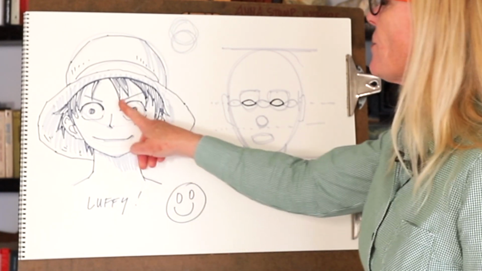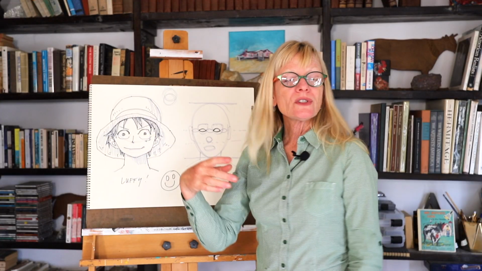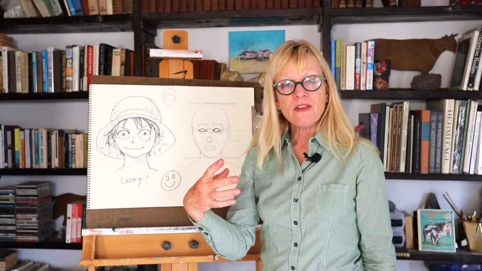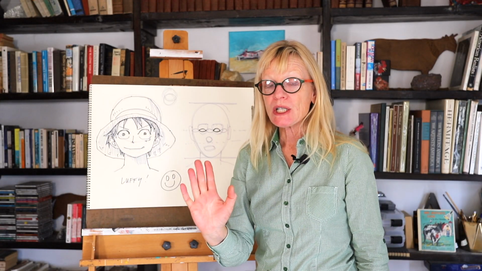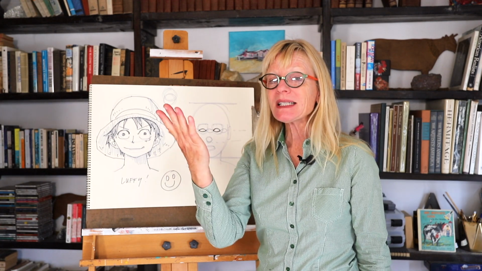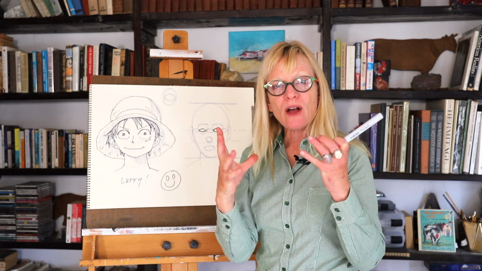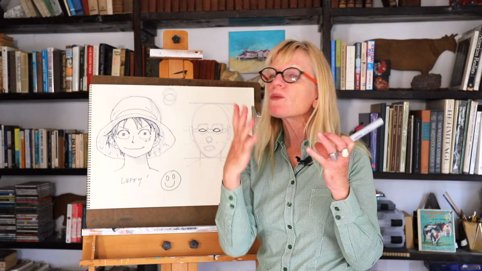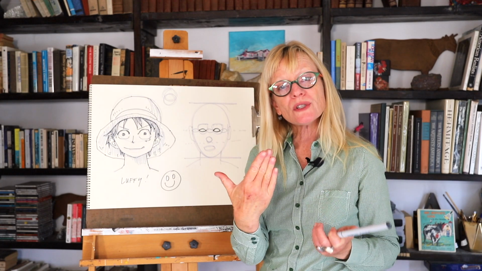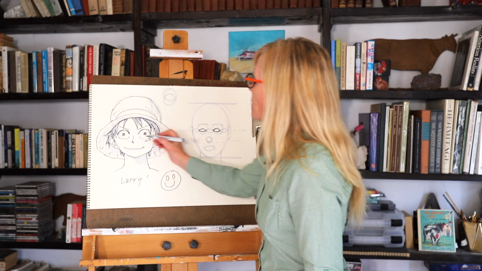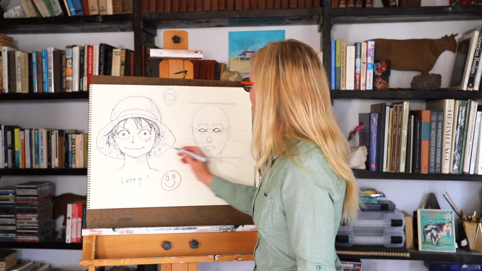The nose in anime is often almost not there, okay? It's almost just like a little line, a little carrot, and sometimes it's not even drawn at all because that cultural aesthetic values a lot of clear skin with no shadows, and noses cause shadows. So you see that just like a little line there.